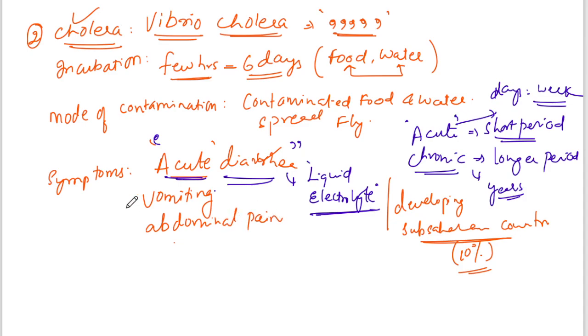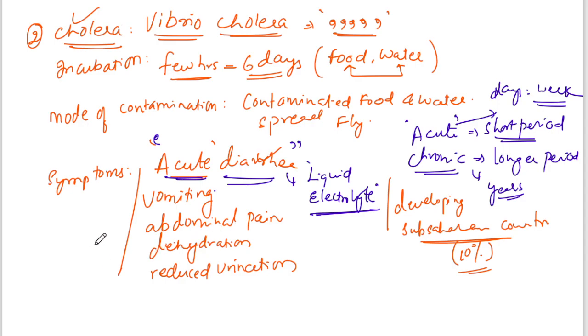Then dehydration, and another symptom is reduced urination. These are the symptoms: acute diarrhea, vomiting, abdominal pain, dehydration, and reduced urination.